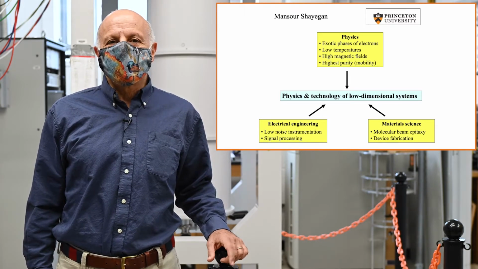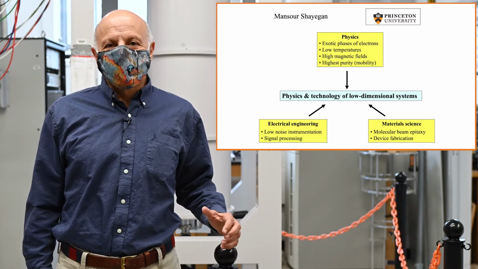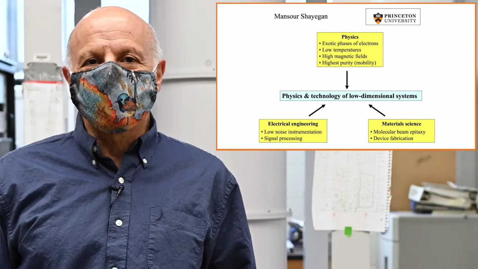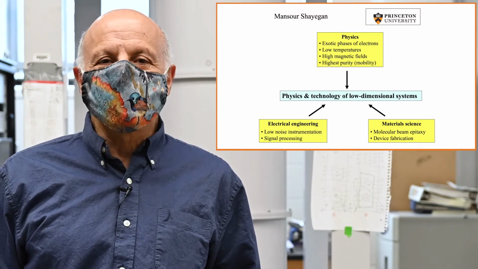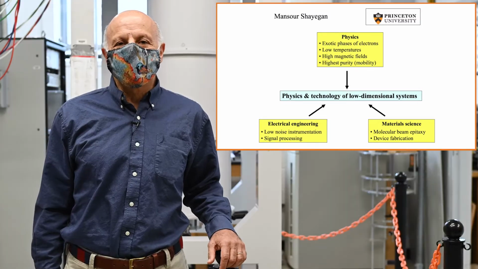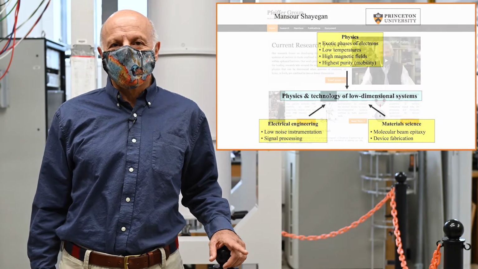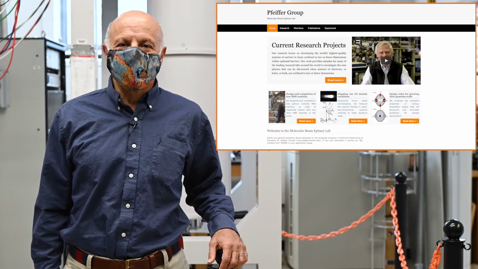And to achieve these, we have to go to very low temperatures, use very high purity materials, and also use very high magnetic fields. So for the samples, we use gallium arsenide, aluminum gallium arsenide heterostructures grown by molecular beam epitaxy, and I invite you to also visit Lauren Pfeiffer's group, with whom we collaborate closely.